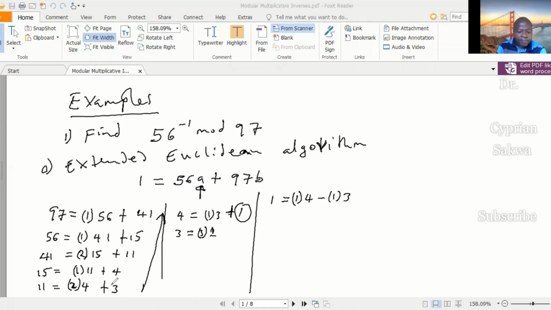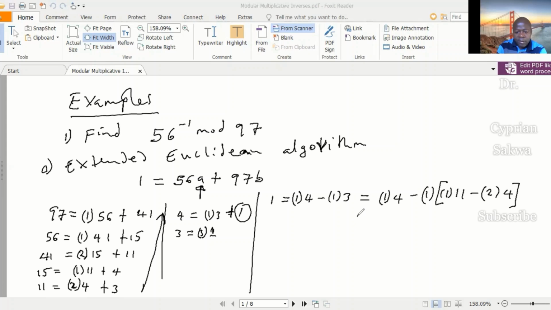What is 3? 3 is 11 minus 2 multiplied by 4. So this is the same as 1 times 4 minus 1, but instead of 3 we've seen it is 11 minus 2 multiplied by 4.